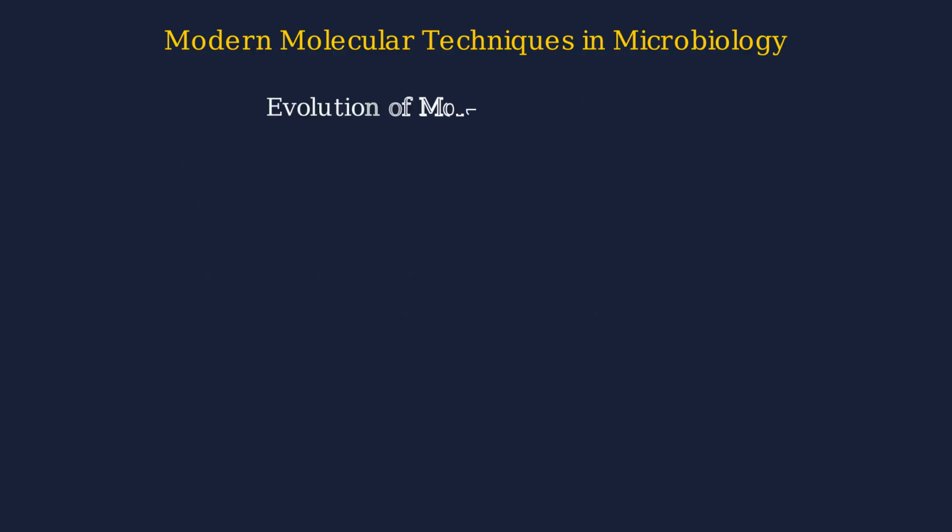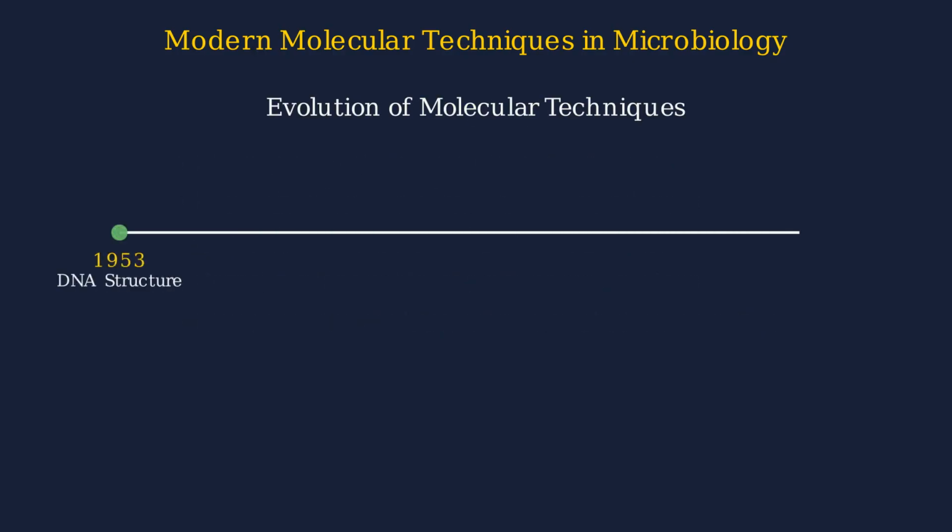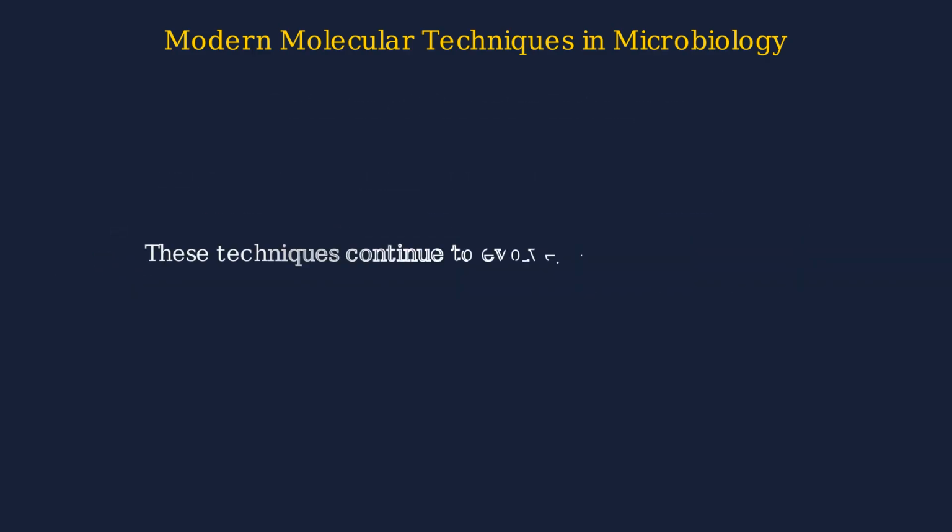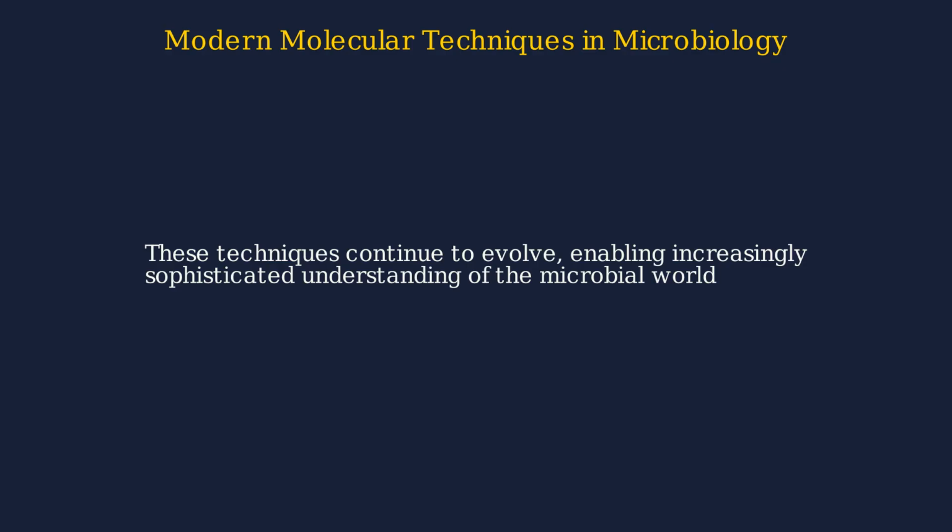Molecular techniques in microbiology have continuously evolved since the discovery of DNA's structure in 1953, with each advancement bringing new capabilities to microbiologists. These techniques continue to evolve, enabling increasingly sophisticated understanding of the microbial world and opening new frontiers in research and applications.